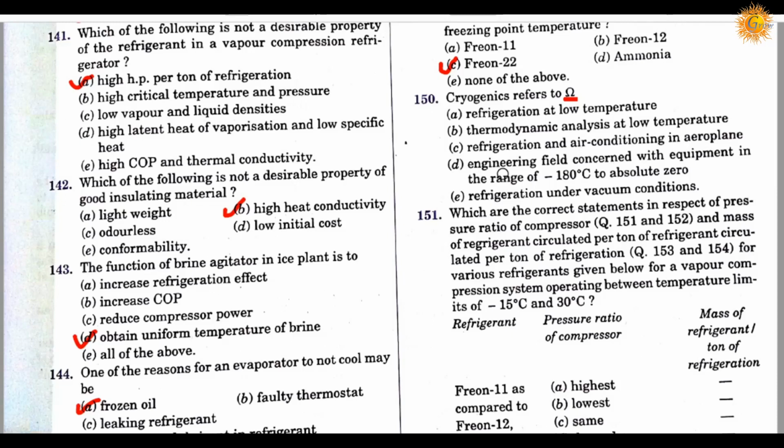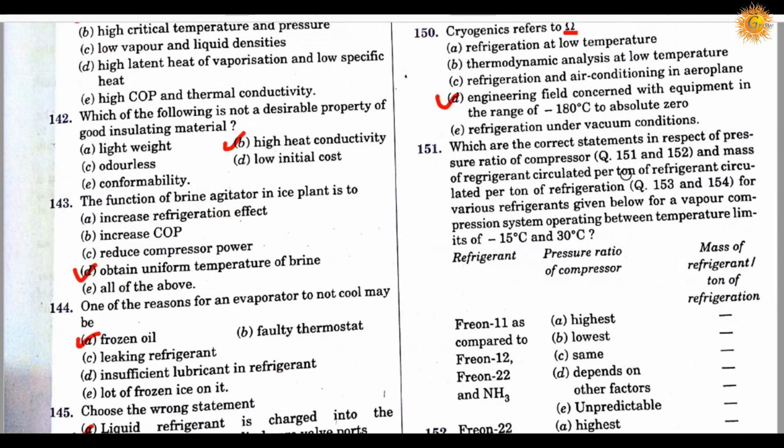Option D, engineering field concerned with equipment in the range of -180 degrees centigrade to absolute zero. Option E, refrigeration under vacuum conditions. So the correct answer is D. Cryogenics is a field of engineering concerned with equipment in the range of minus 180 degrees centigrade to absolute zero.